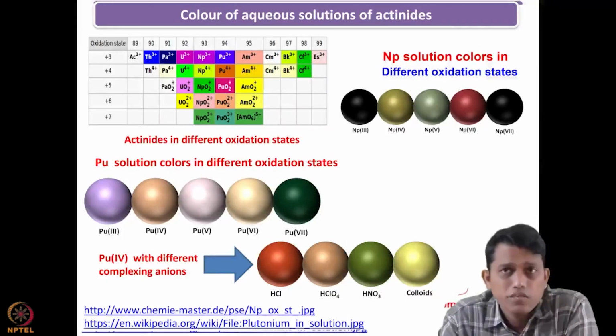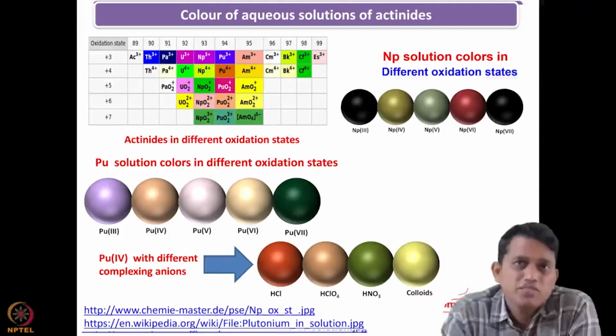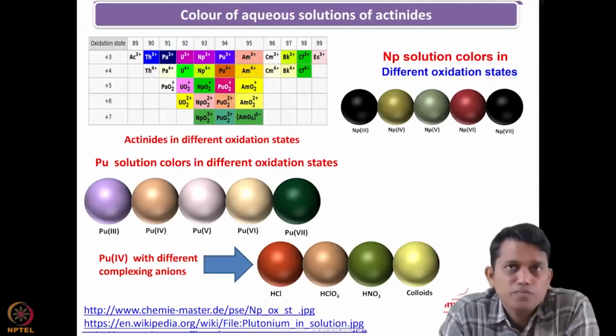Why? Because when we have different kinds of complexing anion in the media, they can interact in a very different way with the 5F orbitals of these plutonium ions, and because of the splitting of those orbitals in the presence of different complexing anions, they give very distinct UV spectra.